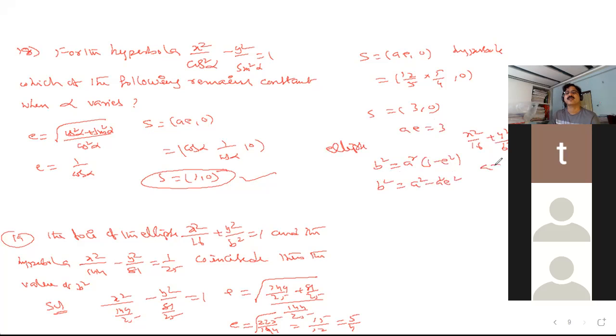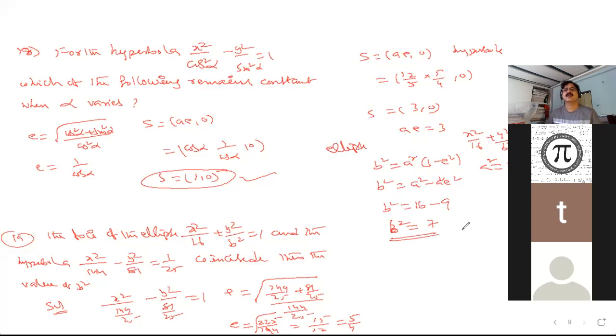Therefore a square is 16, and a square e square we got as 9. So shall we say that b square is 7, sir? Is it okay, sir? Yes, sir.